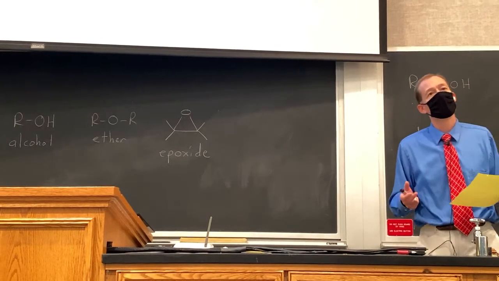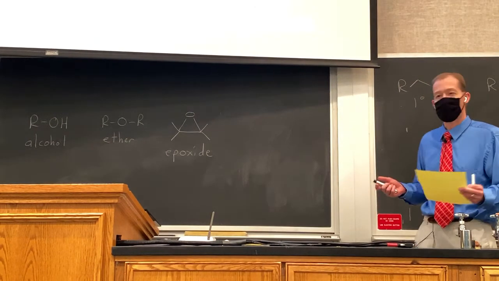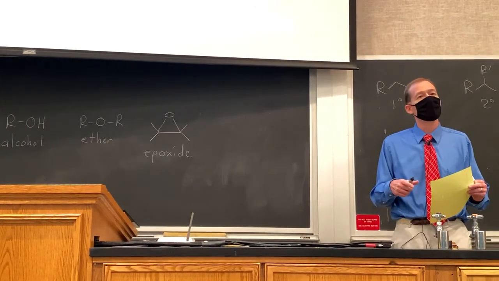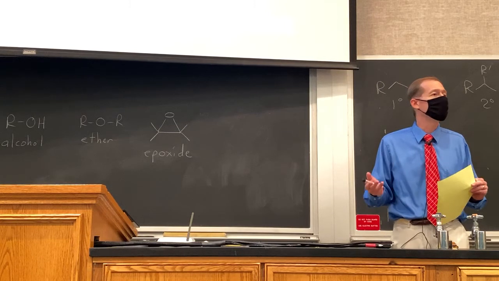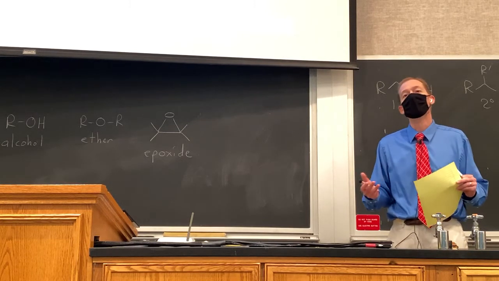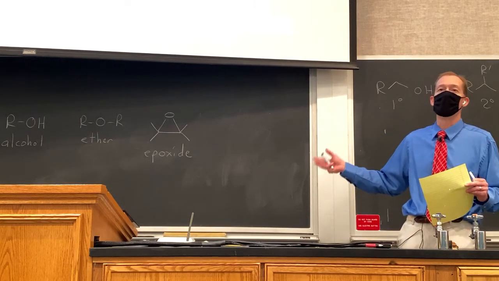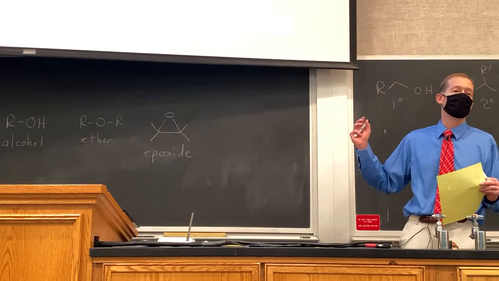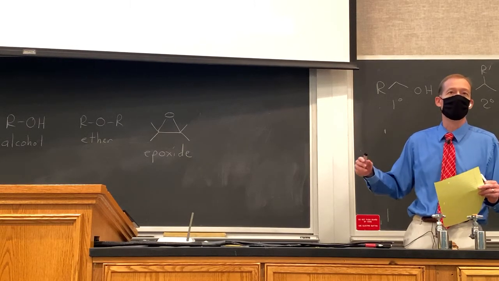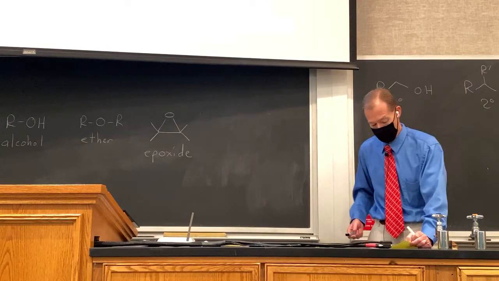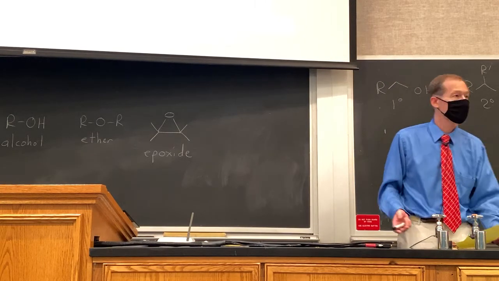So when you have that ether as part of a strained three-membered ring, it will have additional reactivity that a normal ether will not. And so that's why we'll talk about epoxides separately, because they'll have their own set of reactions they will undergo that normal ethers will not.